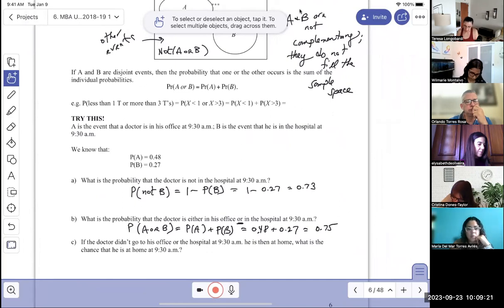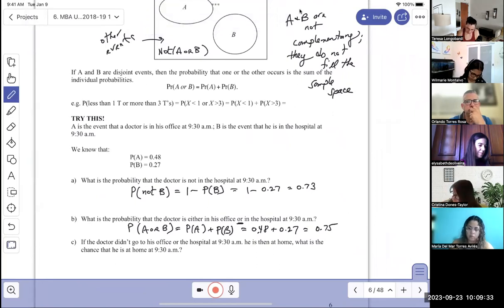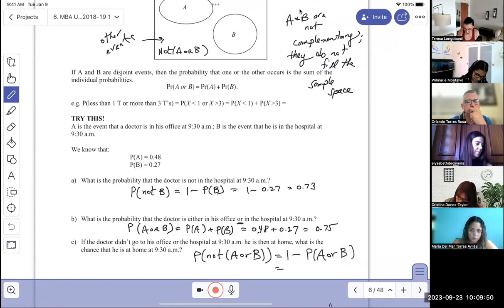And now we're going to define the outside, not in the hospital or in his office. We're going to define the whole outside as he's home. Those are the only other event possible. So we write that as not A or B, because we want to find the outside part. You can write it as 1 minus the probability of A or B. And I know what that is. So the answer is 0.25. Okay.